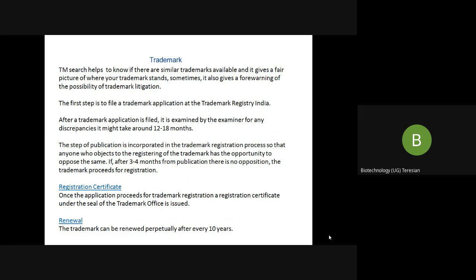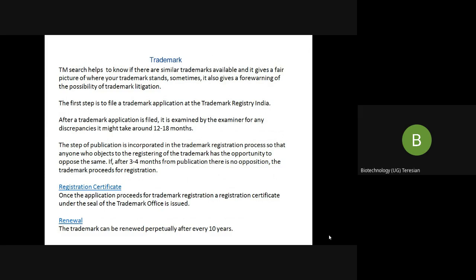If after 3 or 4 months from the publication there is no opposition, then the trademark proceeds for registration. If no one opposes after the publication, the trademark office will wait for 3 to 4 months. Still, if there is no opposition, then you get the registration.